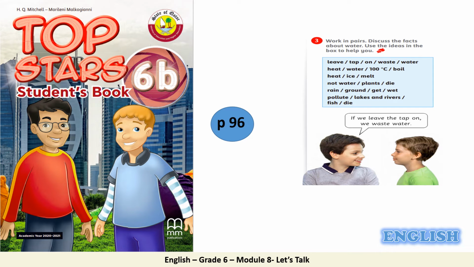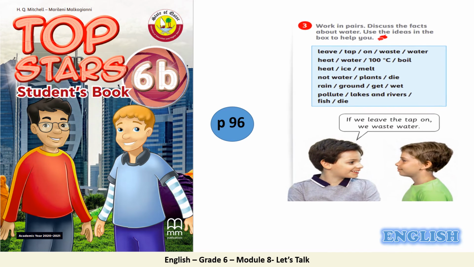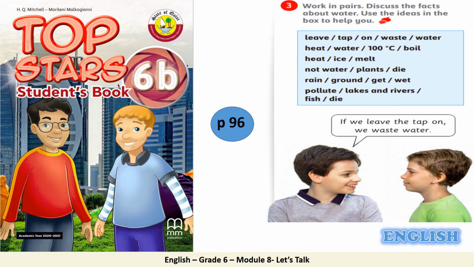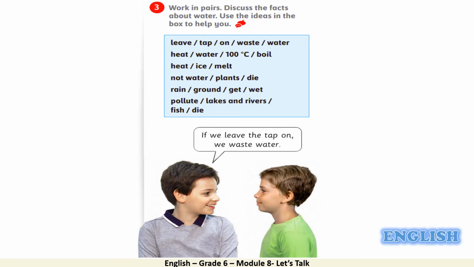Let's have some practice now. So, open your student's book on page 96, activity number 3. So, work in pairs, discuss the facts about water, use the ideas in the box to help you. Number 1 is done. We have here the verb to leave, tap on, and then the second verb is waste, water.